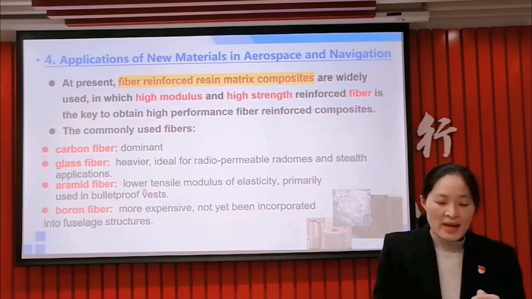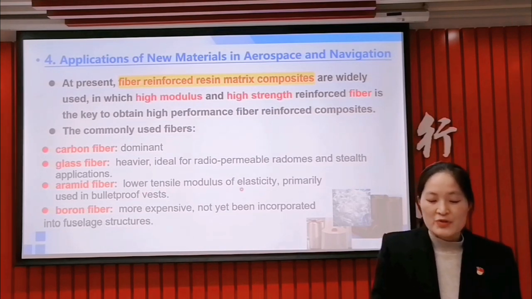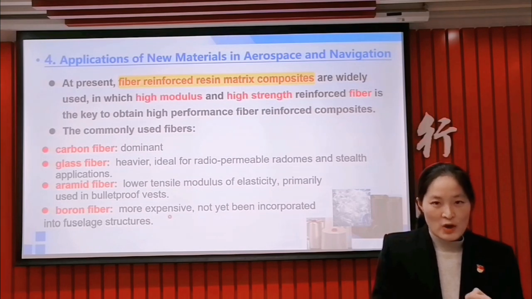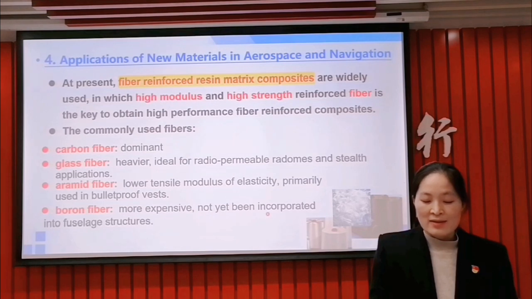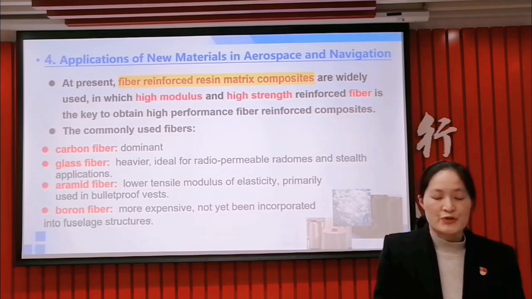And aramid fiber has a low tensile modulus of elasticity, primarily used in bulletproof vests. And boron fiber is much more expensive, and note it has not yet been incorporated into fuselage structures.